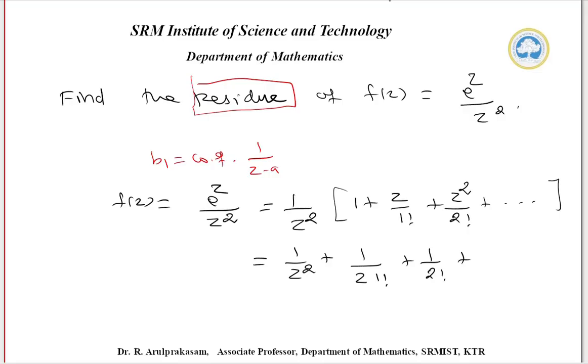Next, z cube by 3 factorial gives z divided by 3 factorial. Then z square divided by 4 factorial. It will go on like that.